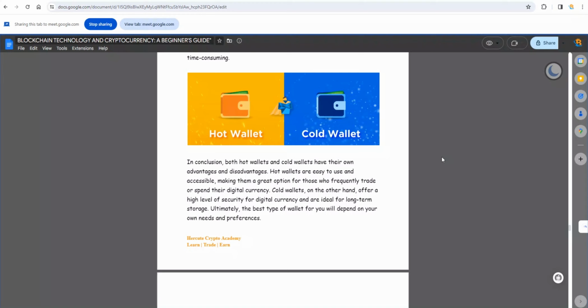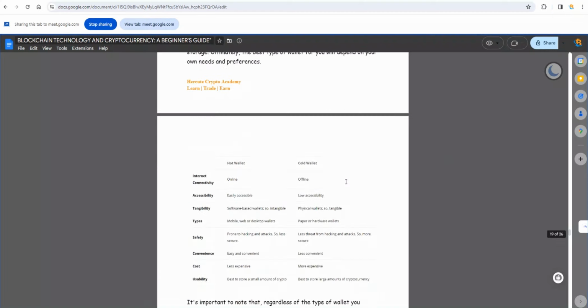Ultimately, the best type of wallet for you will depend on your own needs and preferences. But my own advice, and this is financial advice, I normally tell people that I don't give financial advice, but this is one. If you have some lump sum amount of money that you need to keep safe, always keep it in your ledger or in your cold wallet.